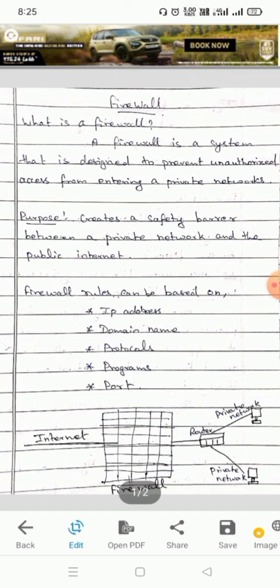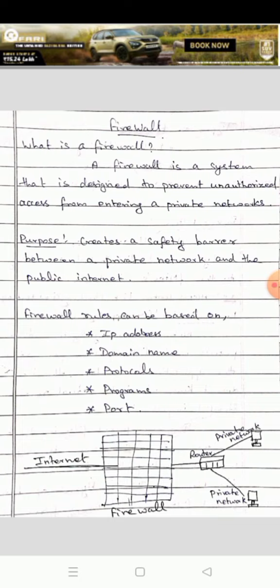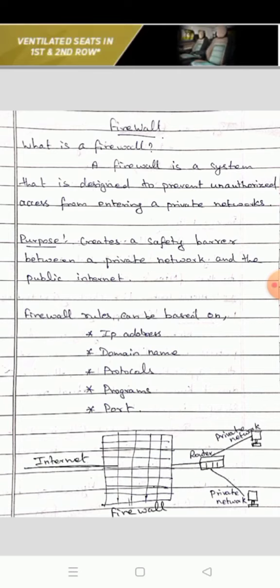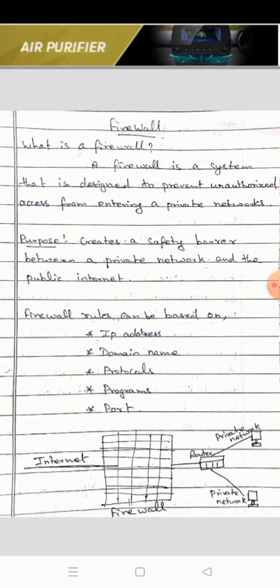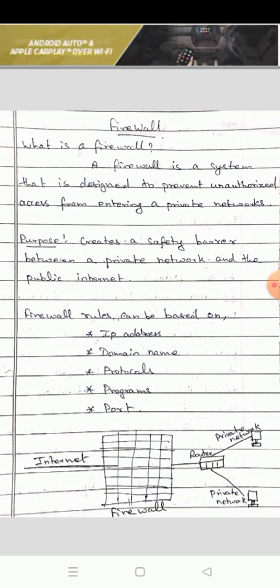On the public internet, we use many websites and download many documents from them. At that time the firewall is an intermediate between our private host system and the internet, as shown in this diagram.